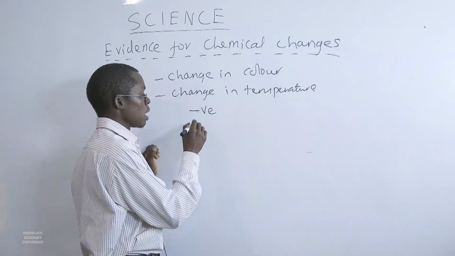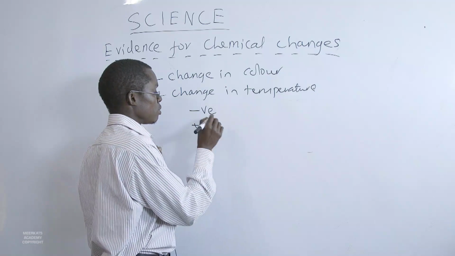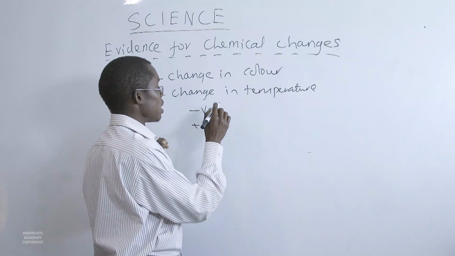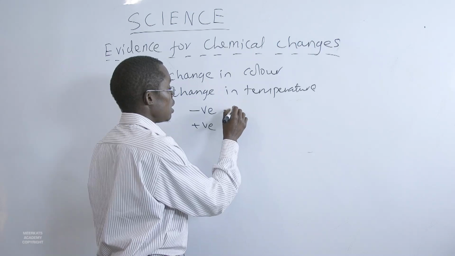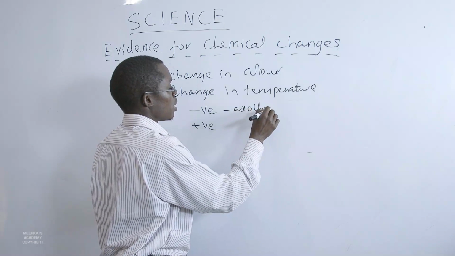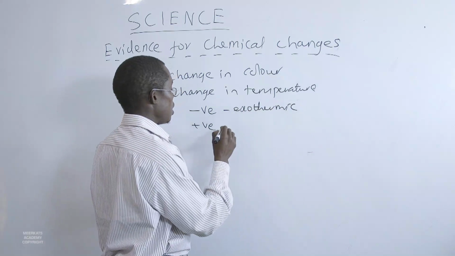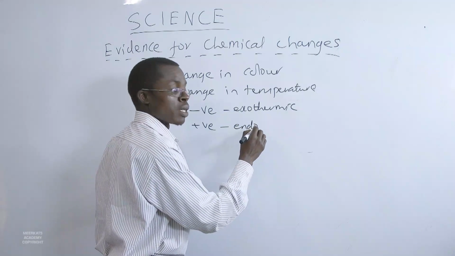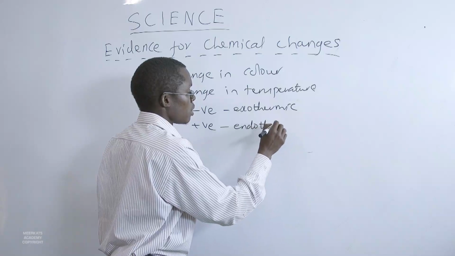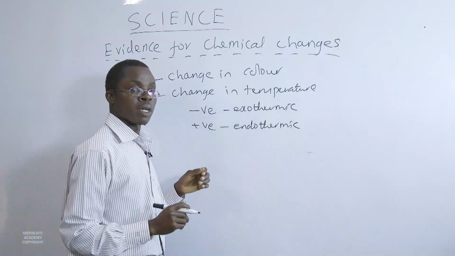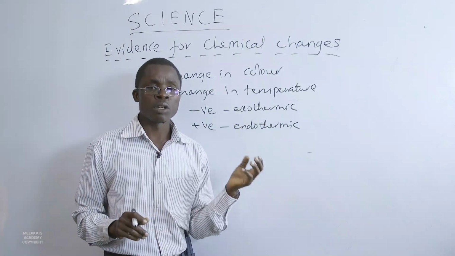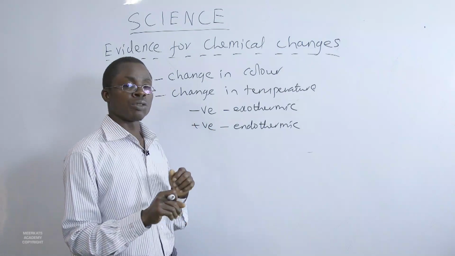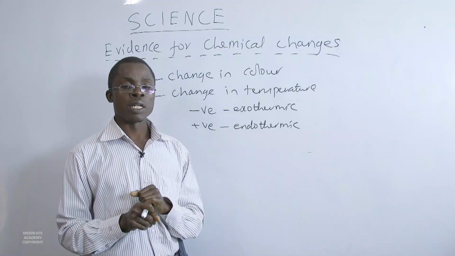So we have negative and positive, whereby when it is negative, it means the reaction is exothermic, and if it is positive, it is endothermic. What does exothermic or endothermic mean? And it has to do with also the sign.